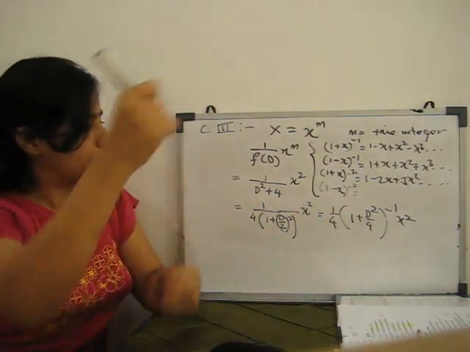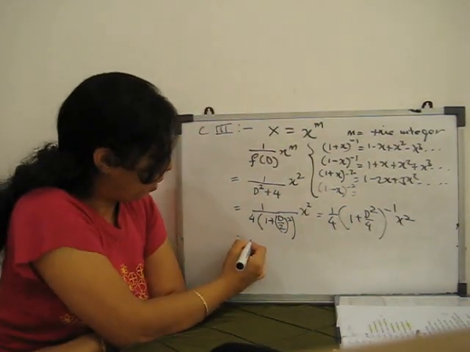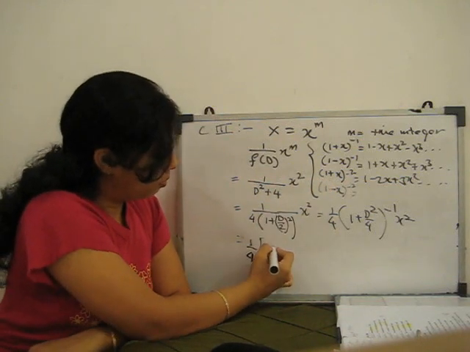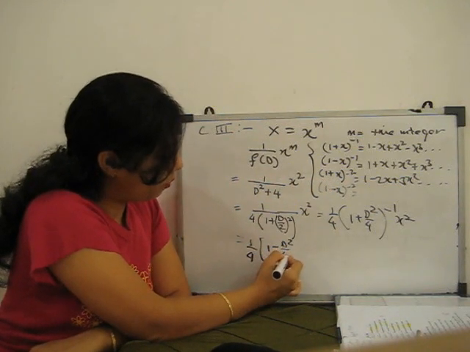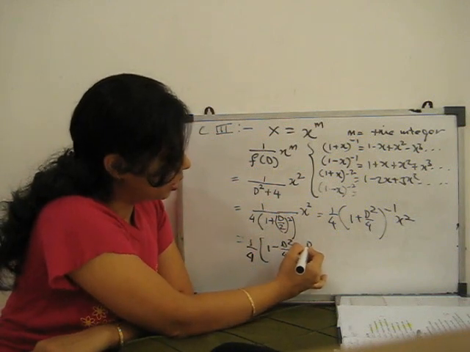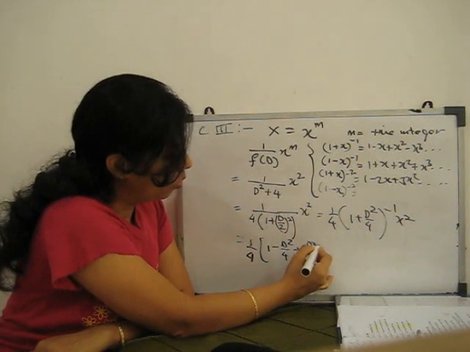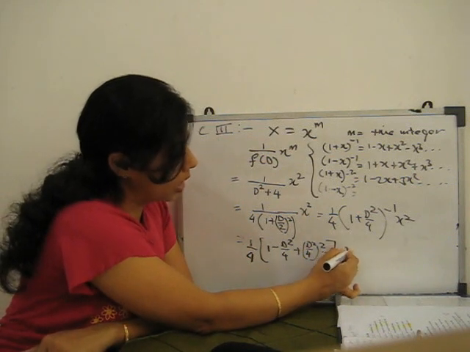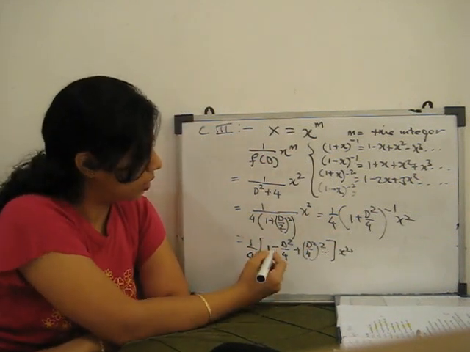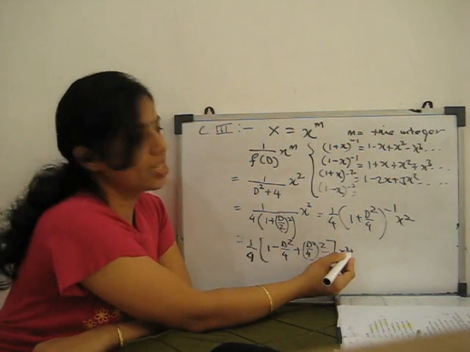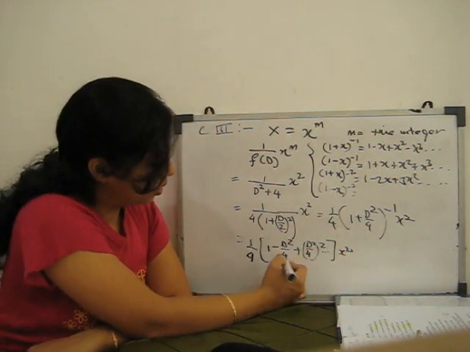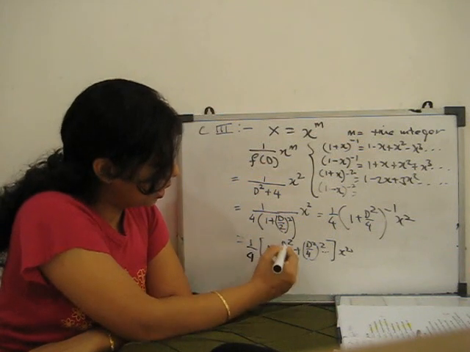So when we expand this function, 1 by 4, 1 minus D square by 4 plus D square by 4 whole square. No more are needed, because our function is x square. When we put it inside, 1 into x square gives x square, minus 1 by 4 D square.